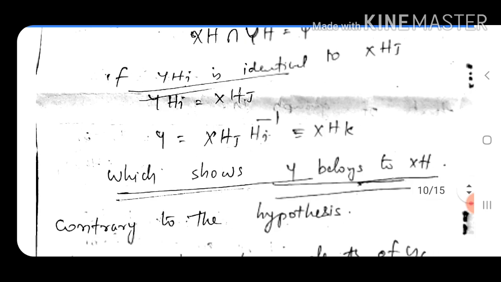But we have taken Y from G such that it does not belong to XH. We have actually chosen Y in such a way that it does not belong to XH.